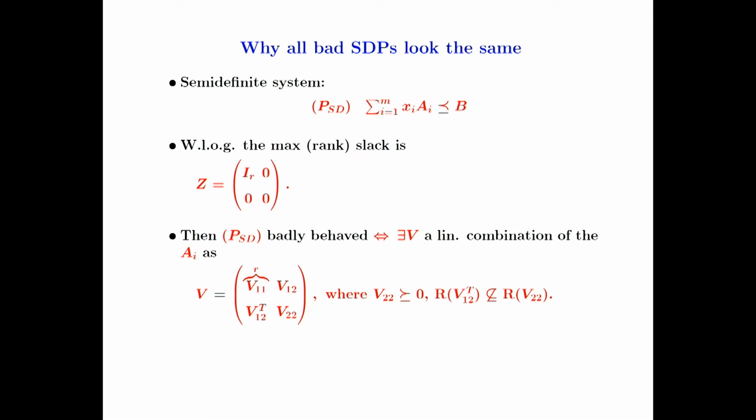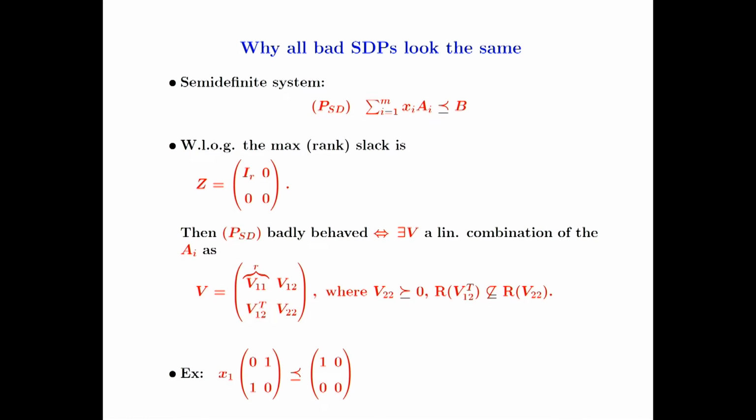And just to do a sanity check that this actually works, this is our first example, that one variable instance, right? Now what is a slack matrix here? There is only one slack matrix because the x1 is always 0, right? So the only slack I can have is just this matrix, and that's the Z, right?